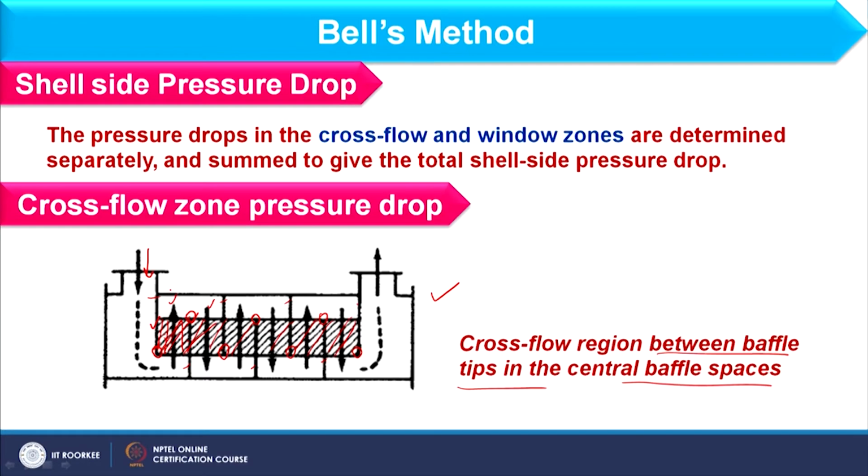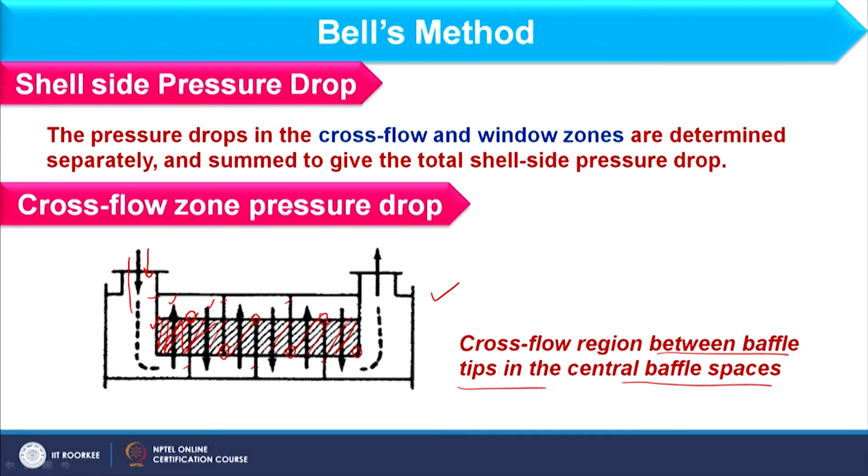So, the number of cross flow zones should be equal to the number of baffle spacings, which is the number of baffles minus 1. We will first find out the pressure drop between two baffles, or in one cross flow zone, and then we will consider the different cross flow zones from one end of the shell to the other. When the fluid enters, it moves through the cross flow zones like this, and finally it exits from this side.